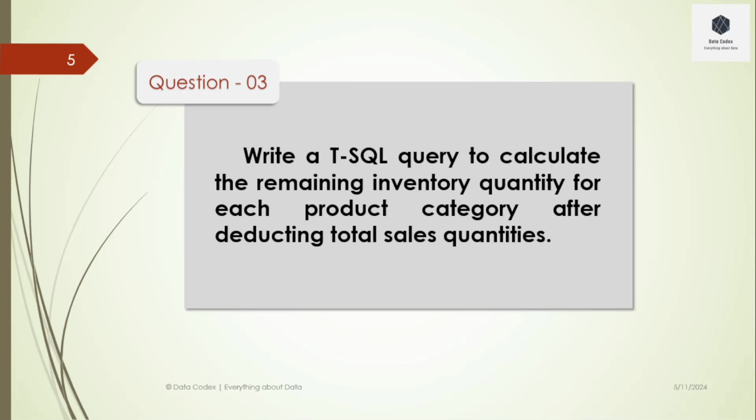So we are going to calculate a result set which displays how many actual products have been registered in the product table, how much has been transacted, and finally how much remains in the inventory. Based on these 5 tables, we are going to solve these 3 queries. Let us get into SSMS and solve all those 3 questions one by one.